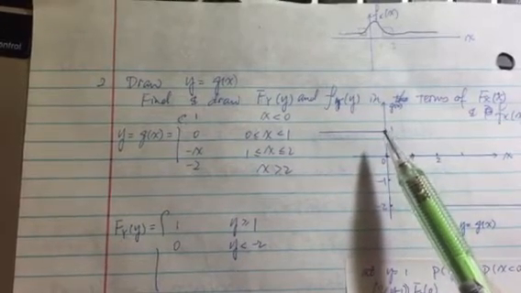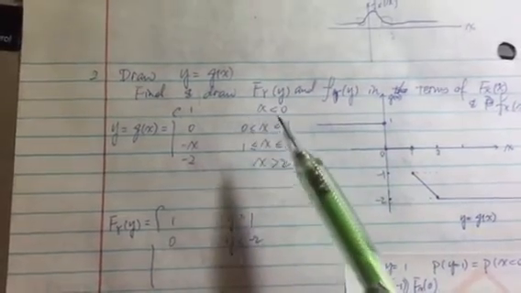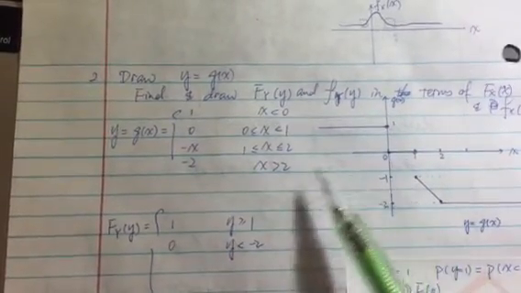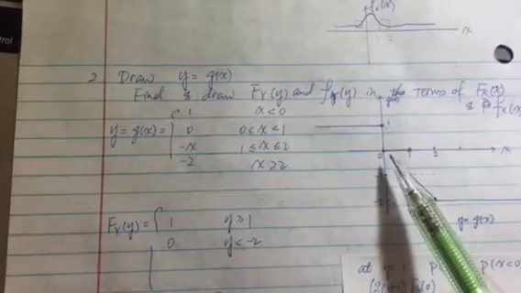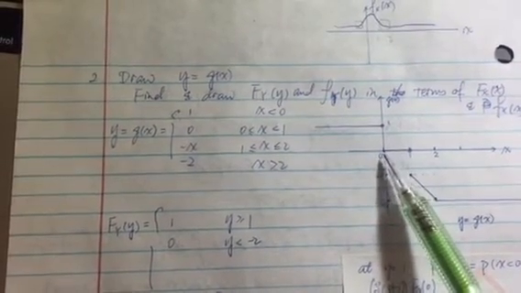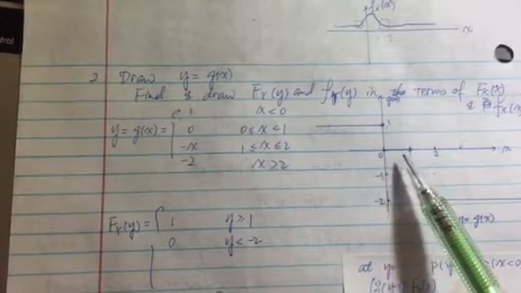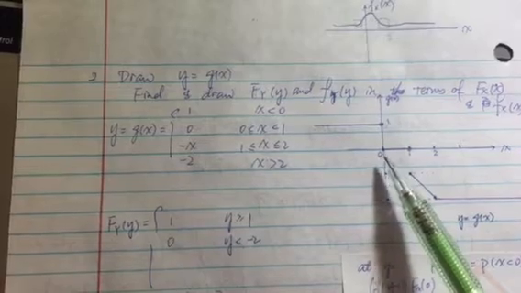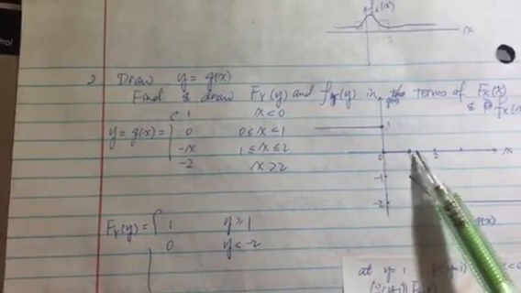So let's go over how I did this. When x is less than 0, y is 1, and when x is between 0 and 1, y is just 0, so I had a line here.